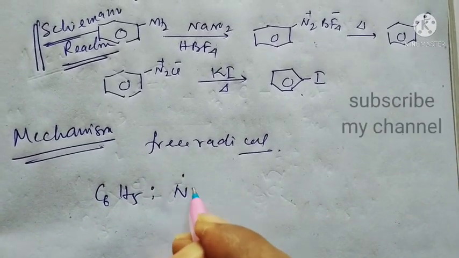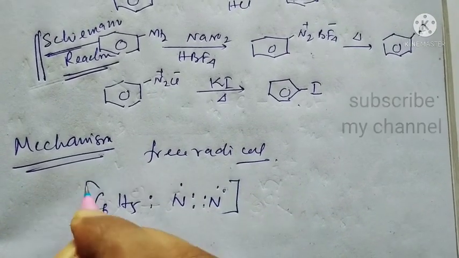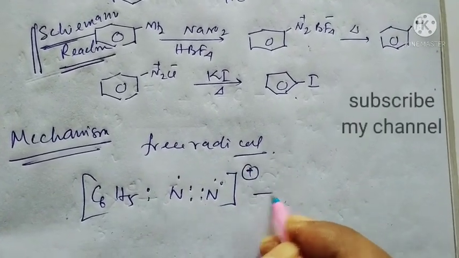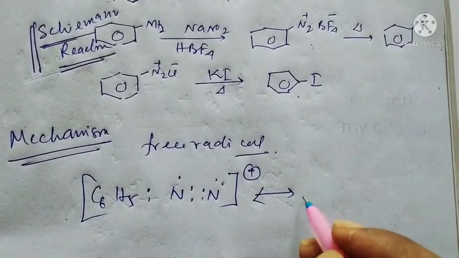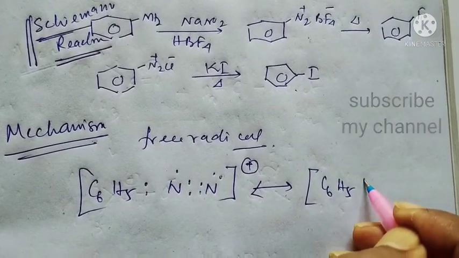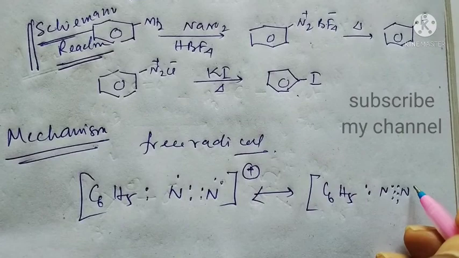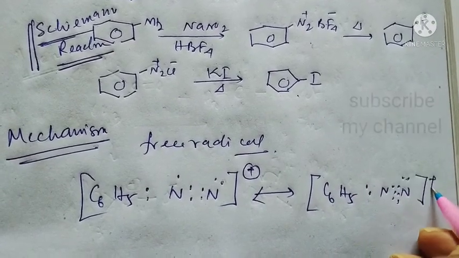in free radical mechanism. This is supposed to be our diazonium salt, and it forms in this formation system. This is our nitrogen that should be removed.